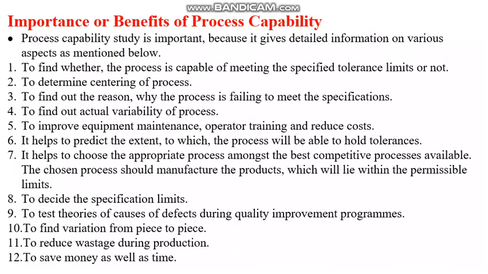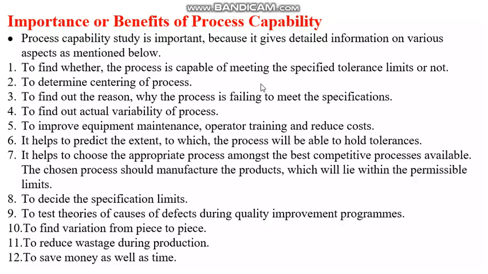Now the importance or benefits of process capability. Process capability study is important because it gives detailed information on various aspects which are mentioned below. 1. To find whether the process is capable of meeting the specified tolerance limits or not. Now the design department has given us the design specifications, which we are calling the tolerance limits.